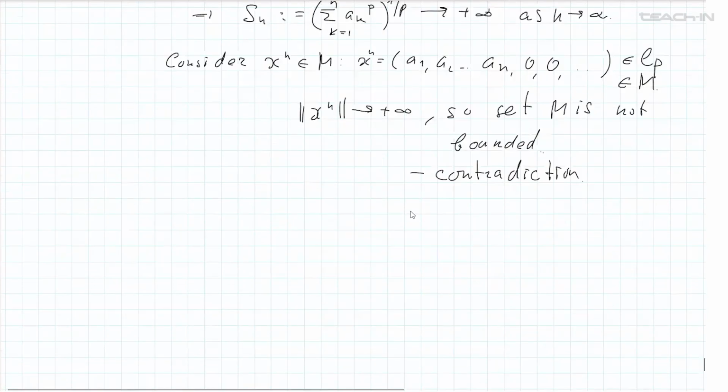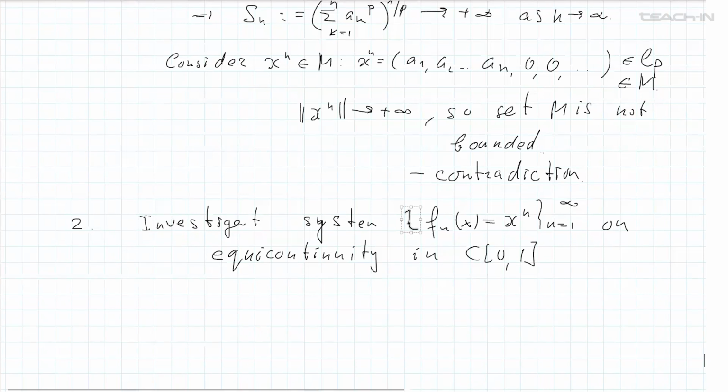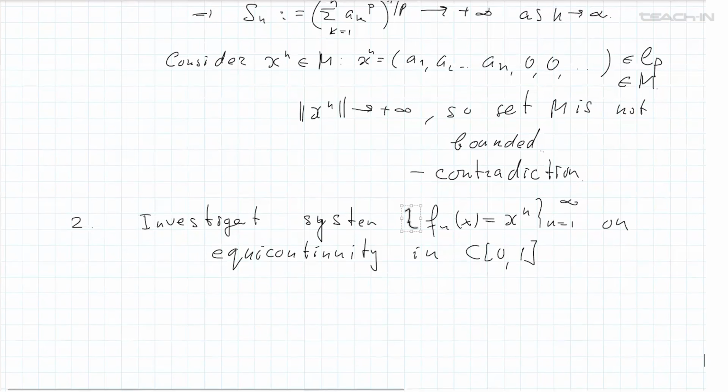And the second problem: investigate the system f_n(x) equals x^n, n from 1 to infinity, on equicontinuity in the space C[0,1], the class of continuous functions on the interval [0,1].